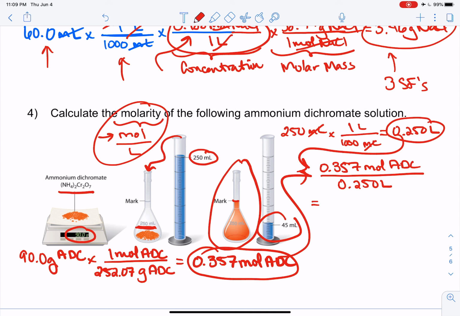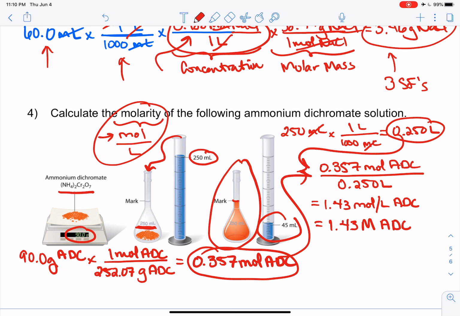And what that is going to do is give us 1.43 mole per liter ammonium dichromate, which translates into 1.43 big M for molarity, which we say as molar ammonium dichromate.